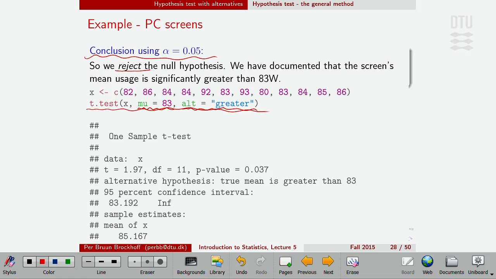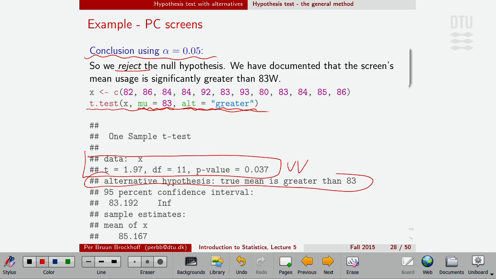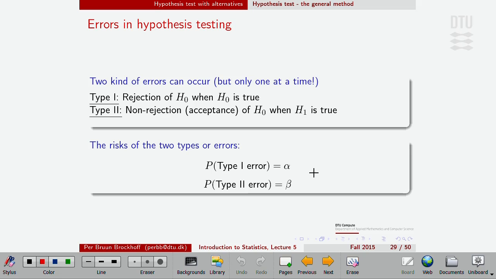Then it tells me what I've just found from before, right? And it also informs me about the alternative that it used, because I asked it to, of course, but it tells me again. So that was hypothesis testing, one-sided.